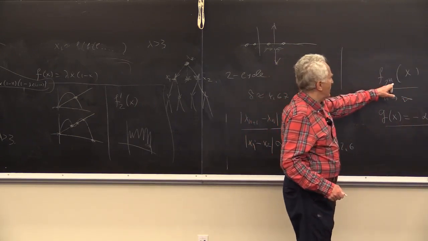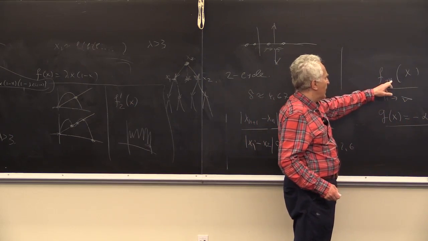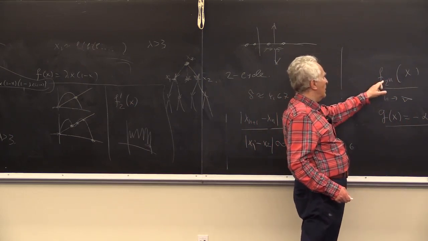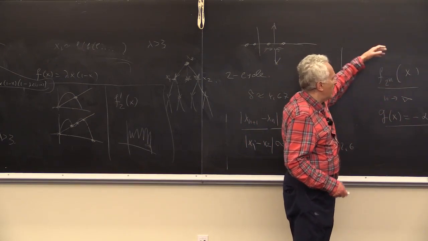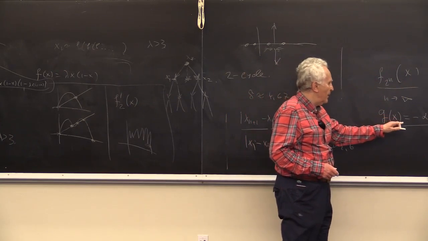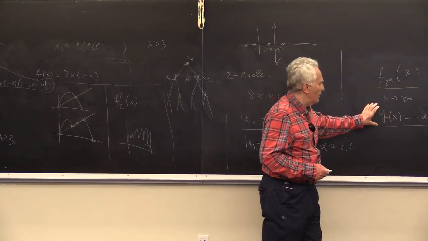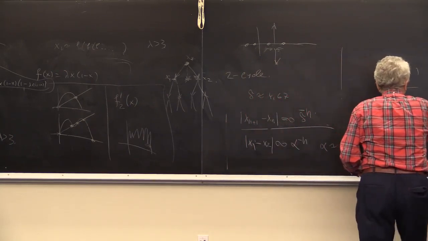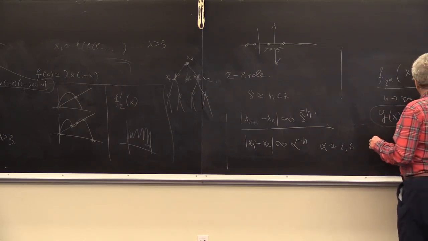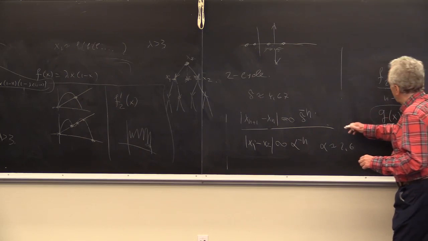I'm not saying it's precisely right that this function converges to g, but you have to rescale x. I don't want to go into those details. But the very beautiful thing is that you finally get this equation from which you can numerically determine alpha.